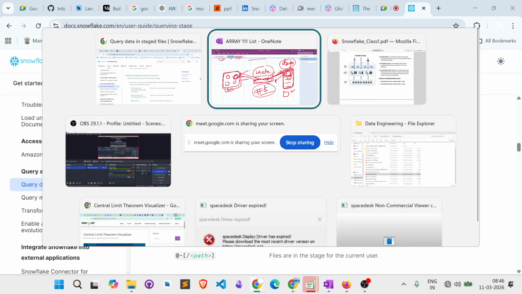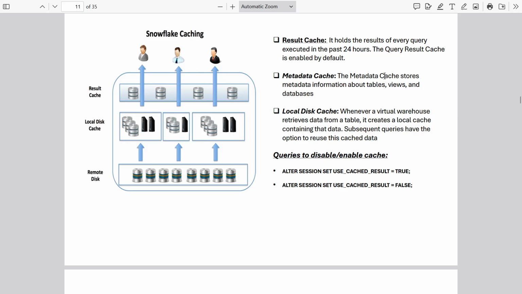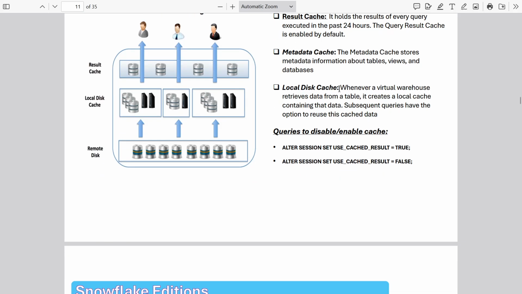Here you can see metadata cache. Metadata cache stores the metadata information about tables, views, and databases. Like one thing is the data that you are actually asking for, and the second thing is where your data is stored. So it stores information about the tables, views, and other things that are available. Okay, and local disk cache. Whenever a virtual warehouse retrieves data from the table, it creates a local cache containing that data, so that subsequent queries have the option to reuse this cache data.